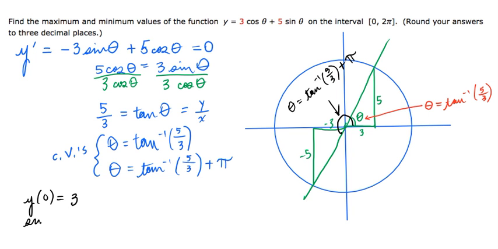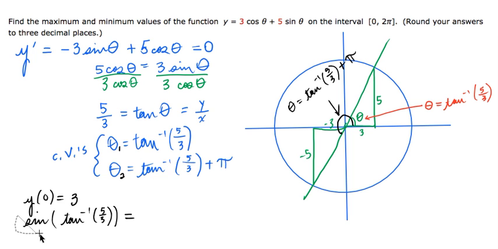Let's take sine of tangent inverse of 5/3. Let's call those theta 1 and theta 2, just to be clear. So I'm plugging in theta 1 right now.